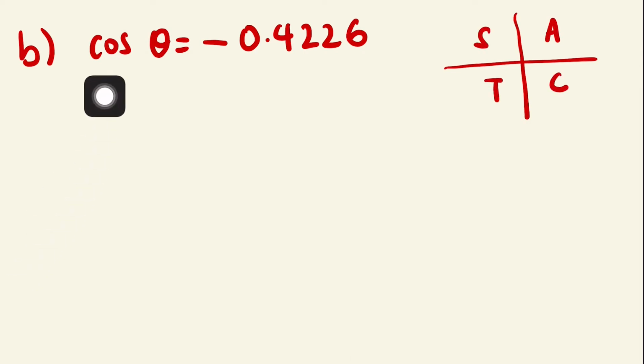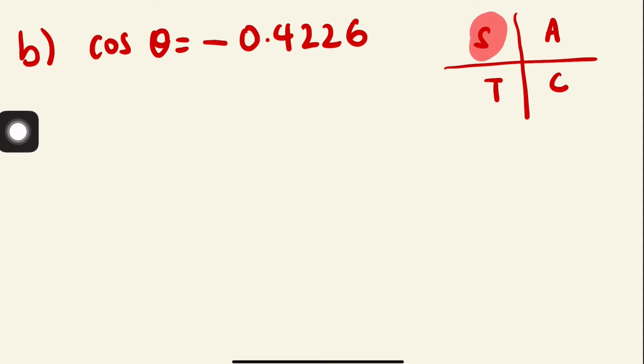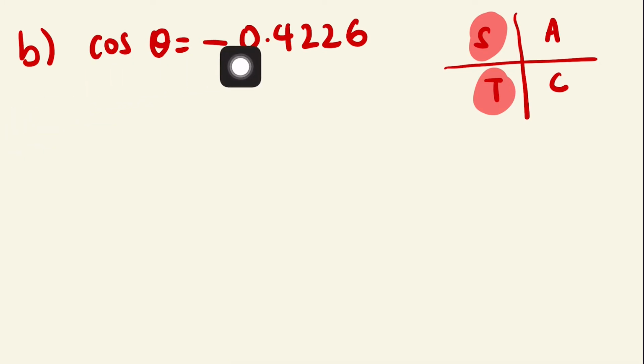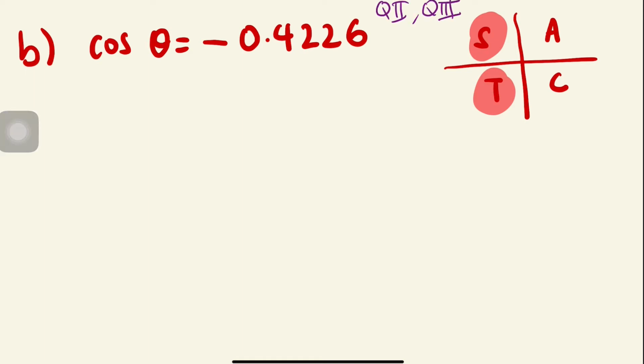Now we have cos and negative. Cos negative pada mana? Second and third. Betul? Kena betul tengok. Ini cos positif, ini cos negatif. So cos negatif pada Q2 and Q3. Tulis supaya jangan lupa.